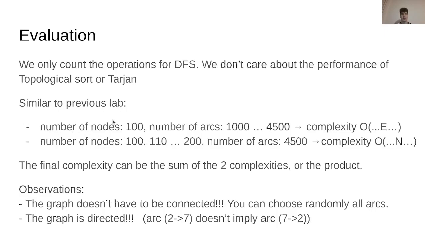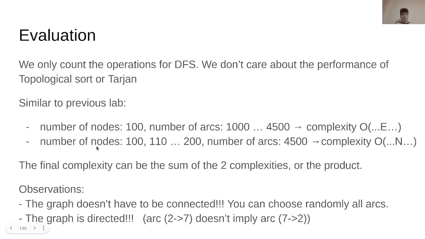First, we fix the number of nodes to 100 and take the number of arcs from 1000 to 4500. So fixed nodes, we see how the performance decreases with edges. So here from this chart, we will see the complexity with respect to the number of arcs or edges. Here in the PDF it's 9000 arcs, but I don't really care.